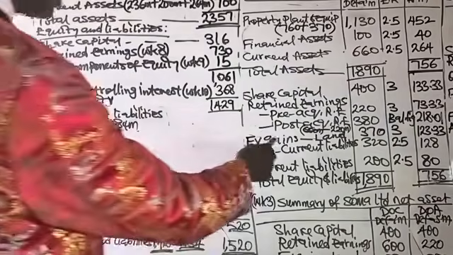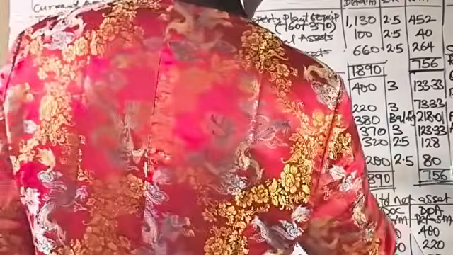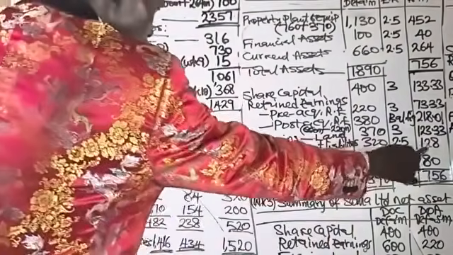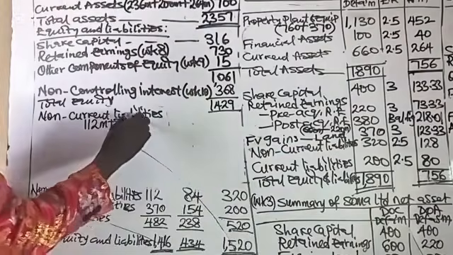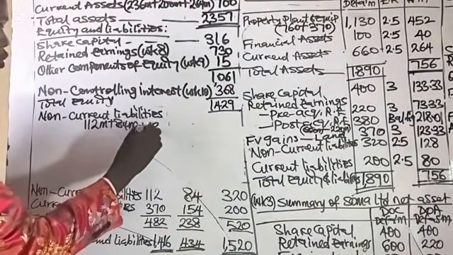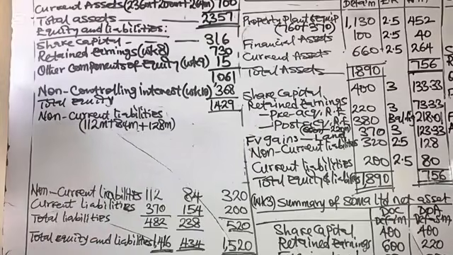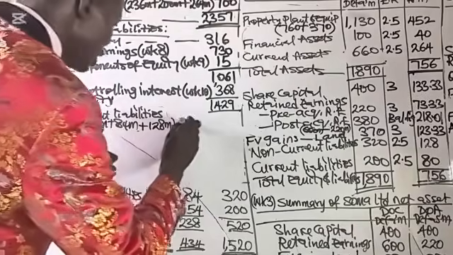Then that of Soma, non-current liabilities, we have 128 million. So how much is the total of our non-current liabilities? 112 plus 84 plus 128, and that totals 324.